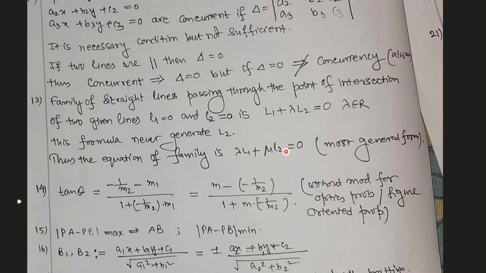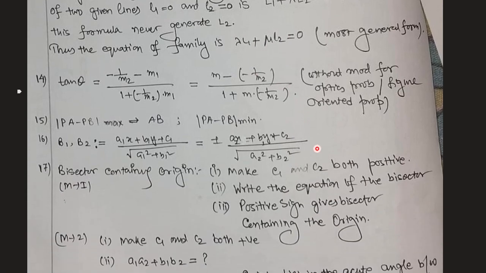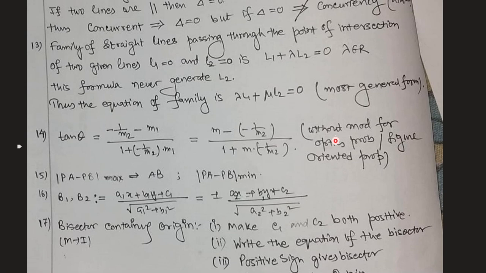Now in some figure oriented problems, or some optical problems in mathematics, you should not consider the modulus when you calculate the angles between two lines. Why? Suppose you are going to calculate the angles here.